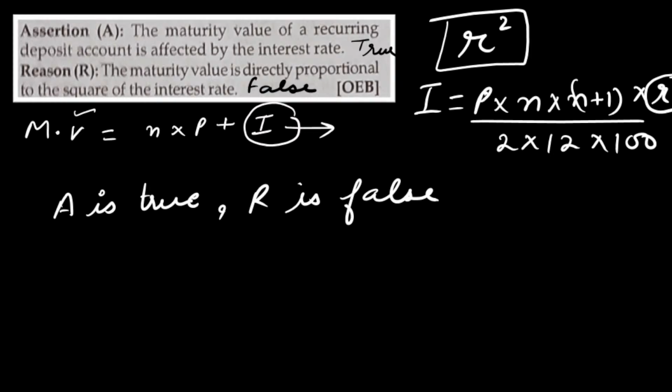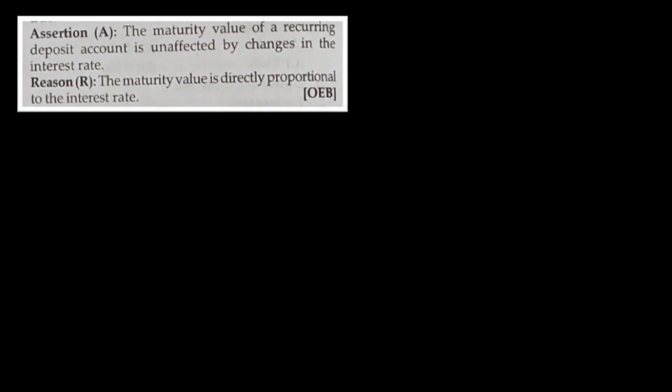This is option C, isn't it? No, option once again. This is the first option itself. So this is option A. Not option C, C is both are true. A is true, R is false. Let's do the next one now.